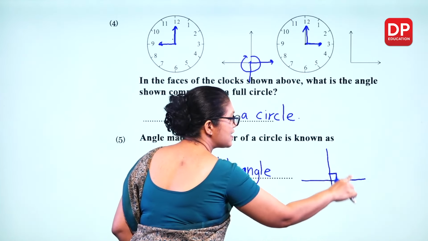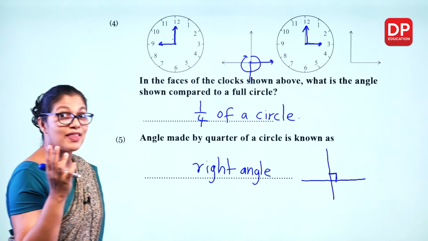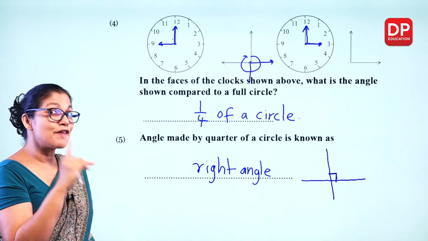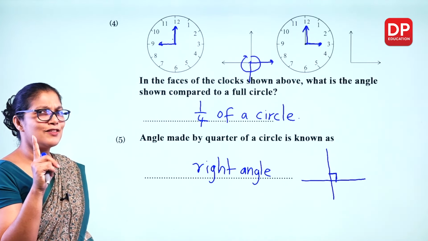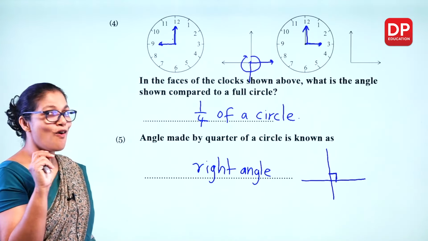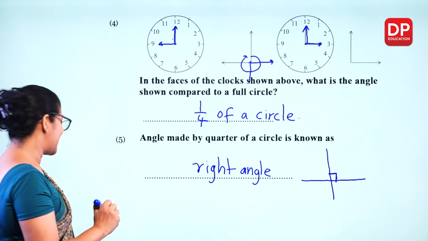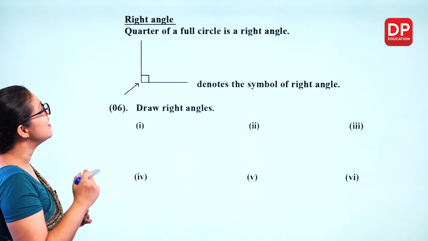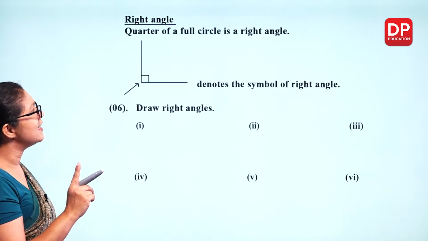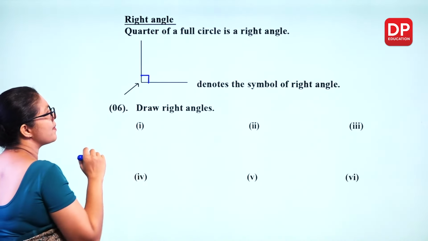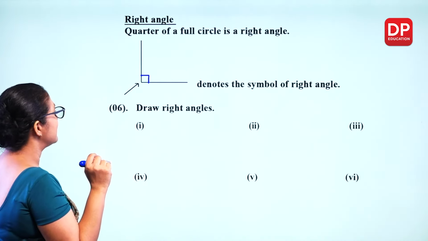What's the value of this? Roughly 1/4 of 360, a full circle. So how do you get it? 360 divided by 4. 90 degrees. So what is a right angle? A quarter of a full circle is a right angle. So we use this symbol to represent a right angle.